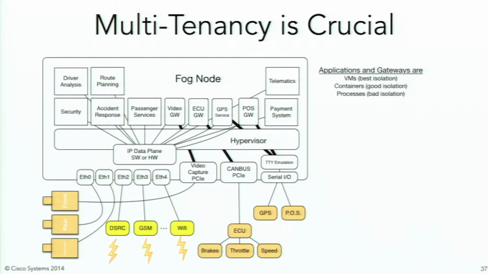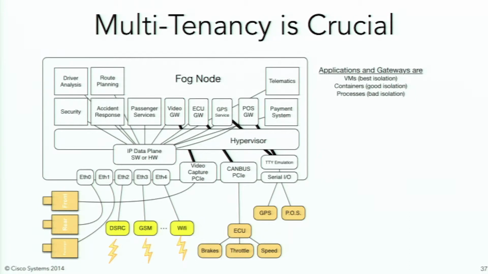Typically you don't want applications accessing the things directly, we'll talk about this a bit more, because then they become less portable, and it's hard to apply resources and policy. And when you want to share a resource like a camera, who gets to share, right? So the pattern that we see a lot is that the gateway is a virtual machine or an application that applies a policy and shares it out.